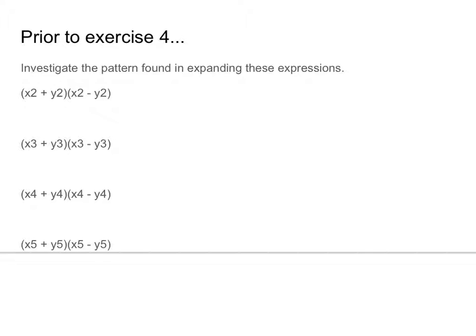Okay, before I move on though, notice my patterns. x squared plus y squared, x squared minus y squared, x cubed plus y cubed, x cubed minus y cubed. Let's see if we can find a pattern. First term times second term gives me x to the 4th power minus x squared y squared.